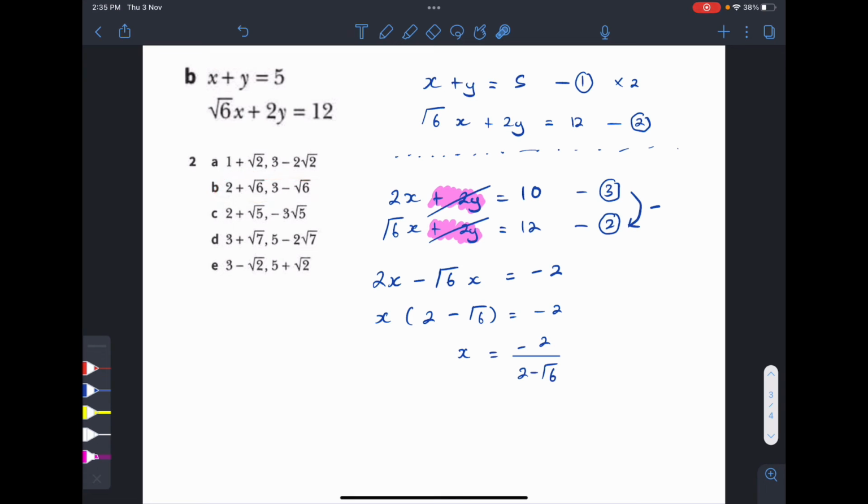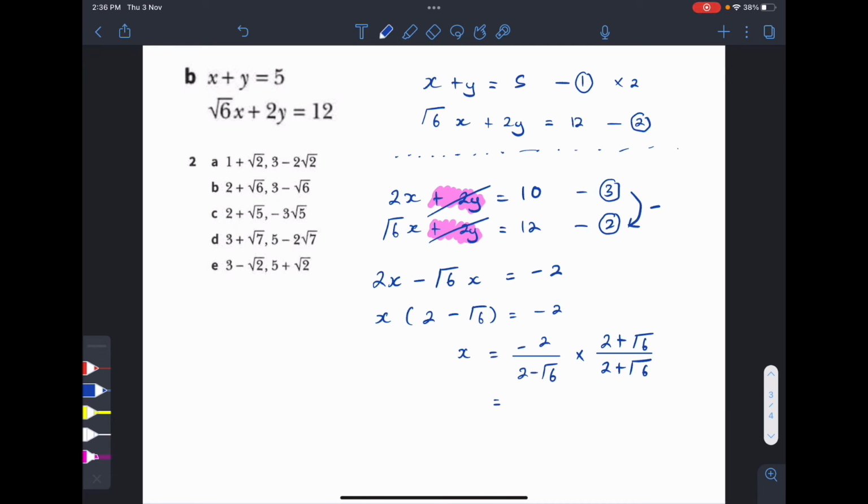So what is it that we have to do over here? We kind of have to rationalize the denominator, right? So that's exactly what we're going to do now. So times (2 plus √6) over (2 plus √6) as well. Okay, so what do we have? We expand like normal.